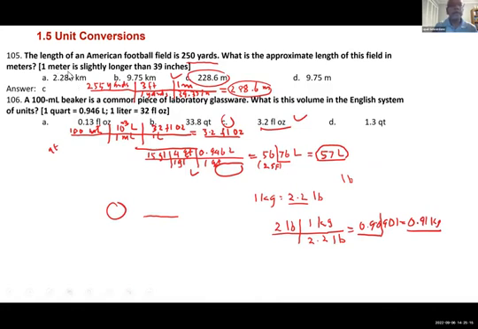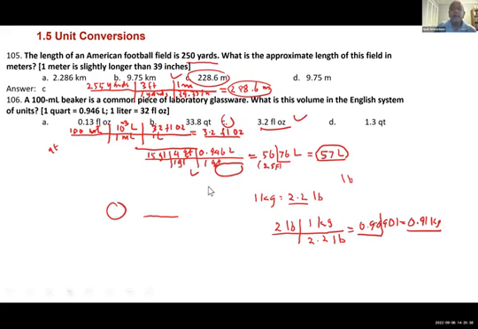They gave 1 meter is equal to 39 inches. I use that as 1 inch, 39 inches, 1 meter. So I got 286. All right. Okay.